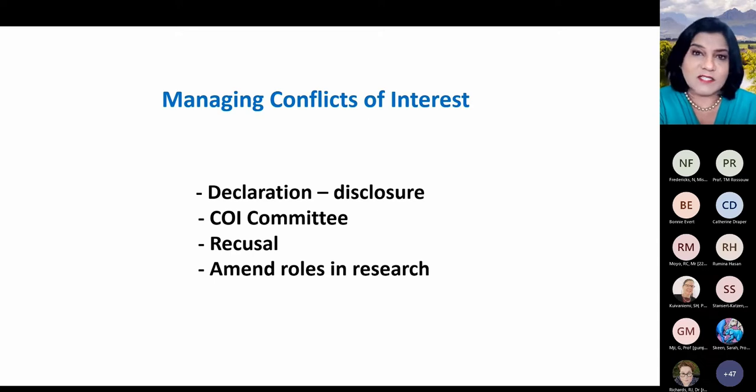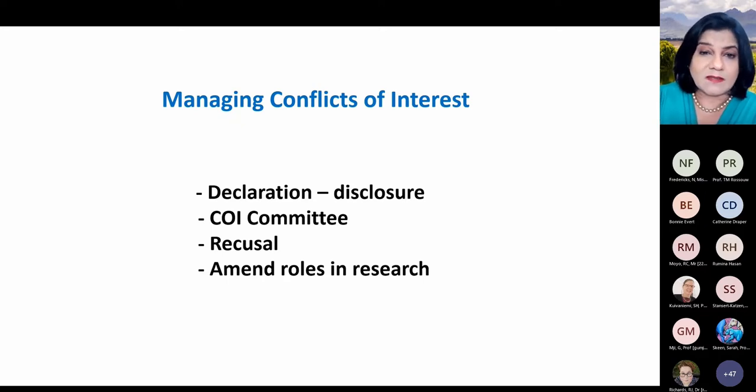Most often on committees, research ethics committees particularly, and science granting councils or other types of committees, recusal of a member is the standard where a conflict exists. However, this is not the only mechanism to deal with it. There are many other ways of dealing with conflicts, including the need to amend one's role in a research project, for example, but various other aspects as well. So there are many different aspects related to conflict of interest from an ethical perspective and from a perspective of research integrity.